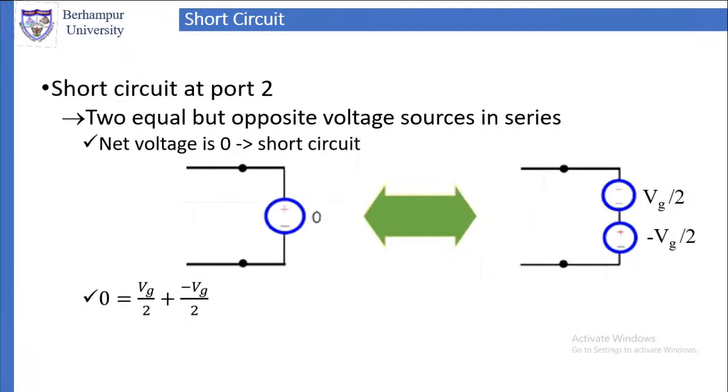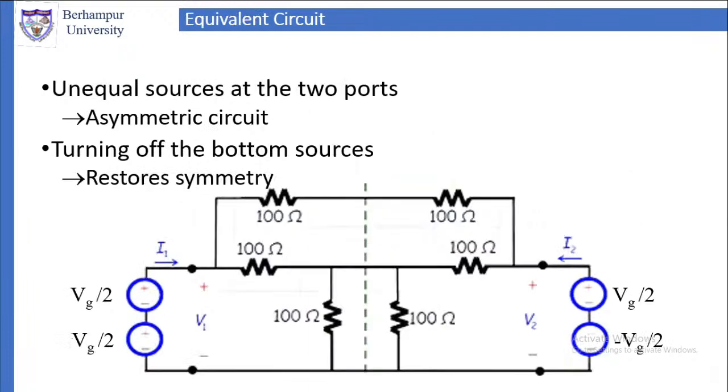If we consider one source to be minus Vg by 2 and the other to be Vg by 2, and add them together, then Vg by 2 plus minus Vg by 2 is equal to 0. So that is a short circuit. The net voltage will be 0. So 0 voltage or short circuit is equivalent to a connection of 2 equal but opposite voltage sources.